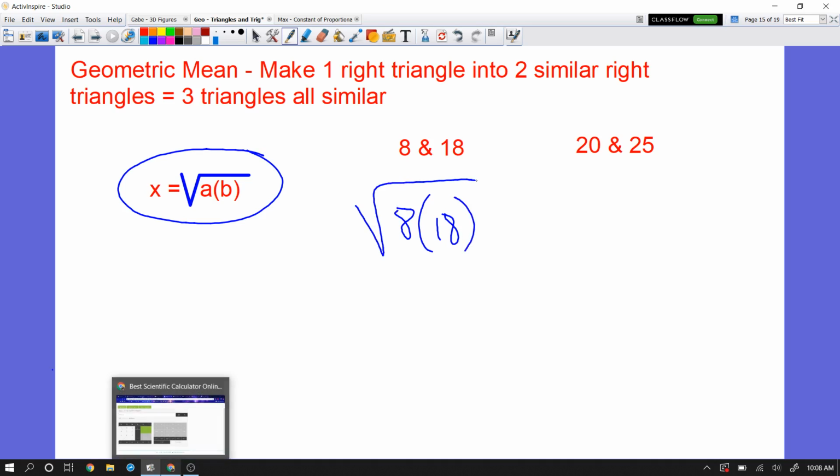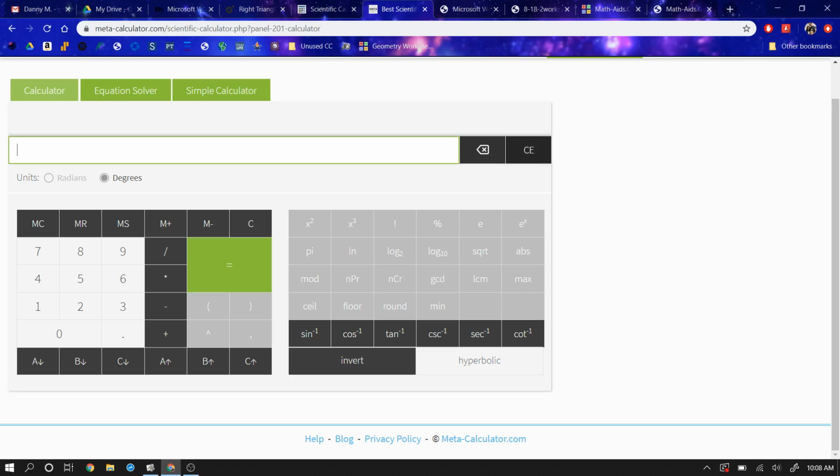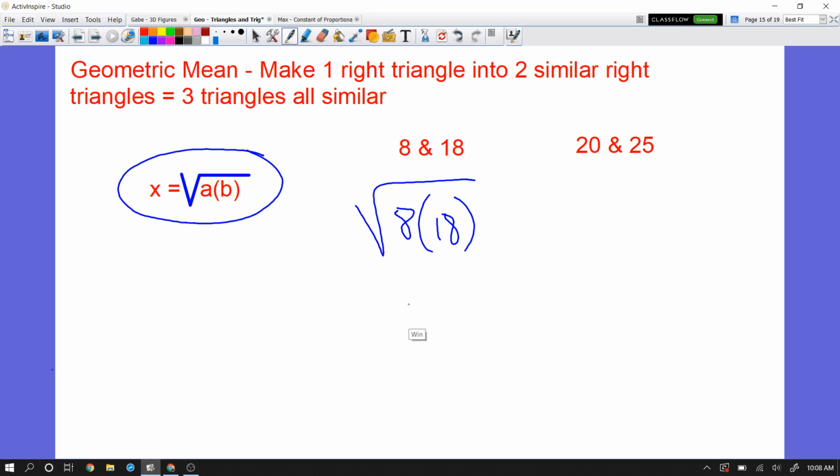Your teacher might tell you to simplify that, but we're just going to solve for it. So the square root of 8 times 18 is 12. That's it. We just found the geometric mean. So x equals 12.